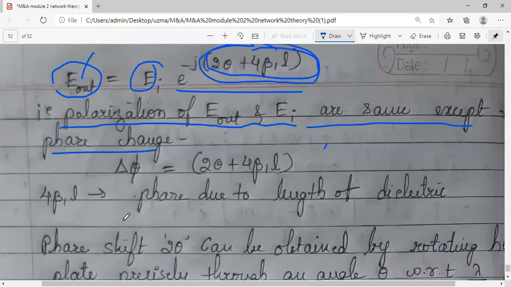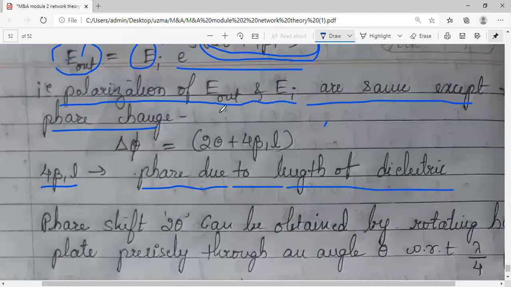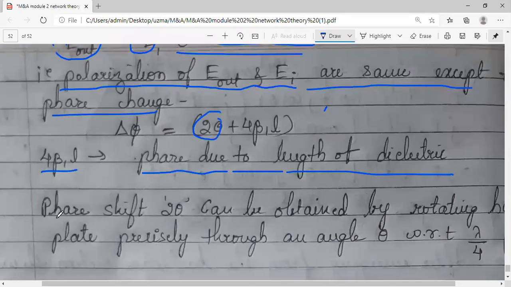So what is 4 beta 1 L? It is the phase due to the length of the dielectric, because we have changed the length: first time L, then 2L, then L. So that's why it is totally 4 beta 1 L. And there is a phase shift of 2 theta. The phase shift of 2 theta can be obtained by rotating your lambda by 2 plate, the plate in the center section.